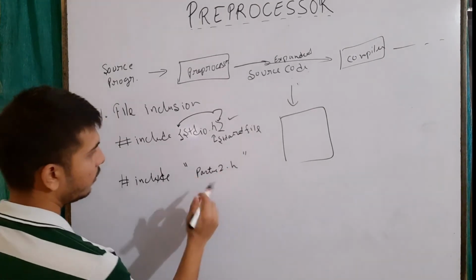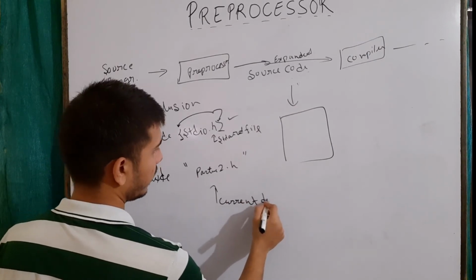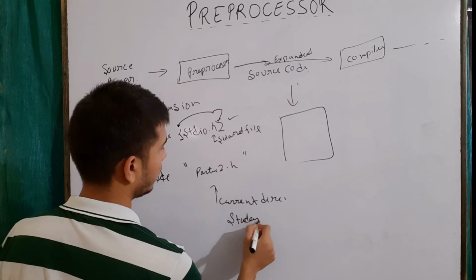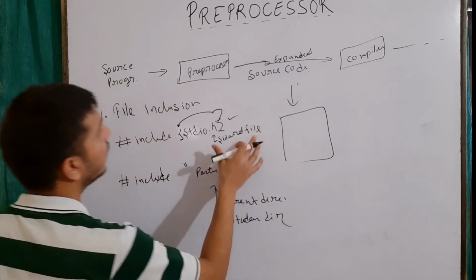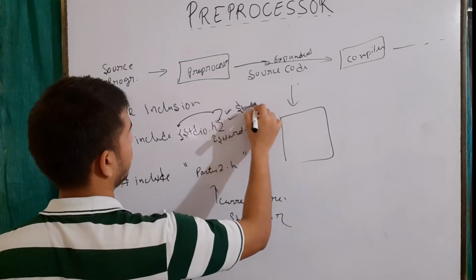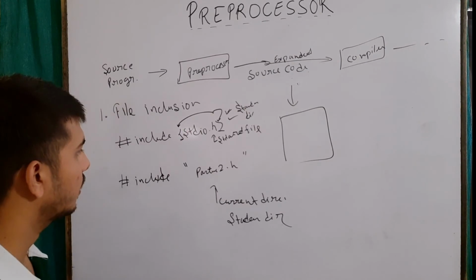In general, it will look at the current program directory as well as the standard directory, whereas the angle bracket form will only look at the standard directory, where all these files are present.